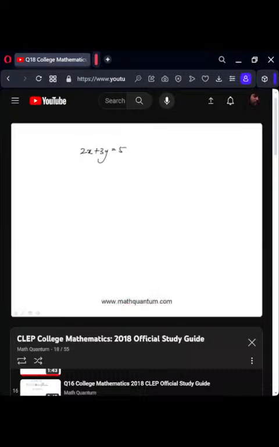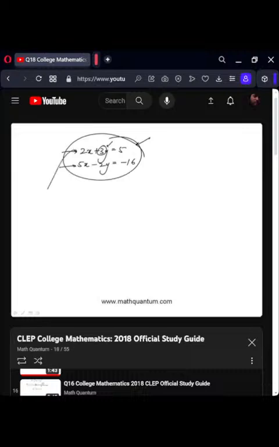So here we're given the system of equations and we were asked to find what the value of x is, which means that I need to play with these equations so I can eliminate the y terms. If I double this and triple this, they have opposite signs, but these coefficients would become the same.